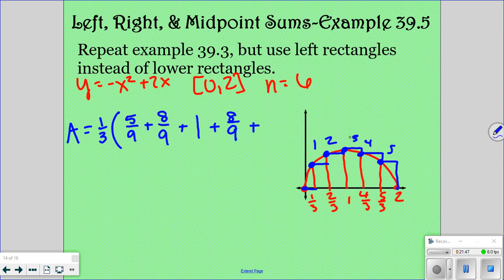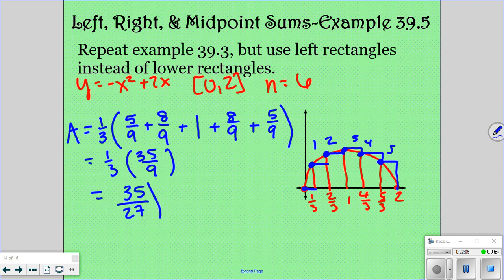And if you plug in 5/3, you get 5/9. Okay? And then you're going to add those together. And so that's going to be 35/9. So if you multiply by 1/3, you get 35/27. And so it gives you a different answer using left rectangles instead of lower rectangles. So you got to pay attention to what it asks for.